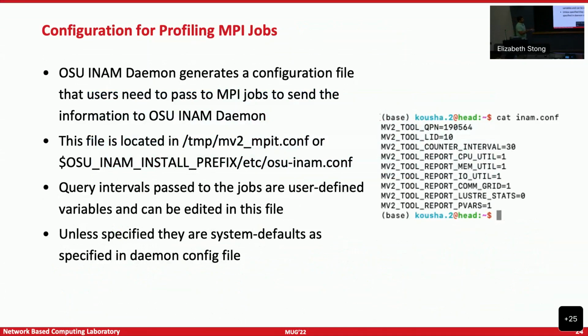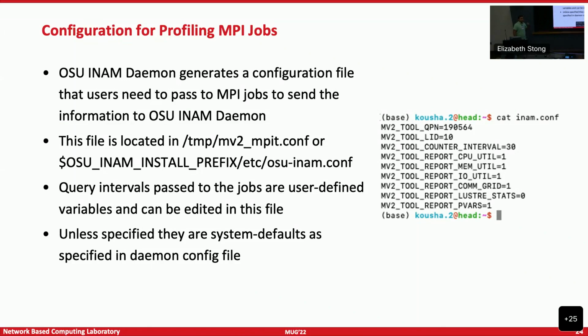So it comes to the point of how you configure INAM to get information from an MPI job. We wanted this to be minimal. All you need to do is pass a file, inam.conf, to the MVAPICH job that contains these parameters: the QPN and LID, which give the address of the INAM node that is gathering the data, and a set of intervals and metrics that you can enable or disable.